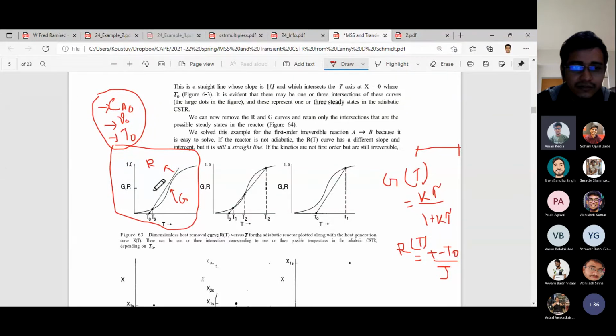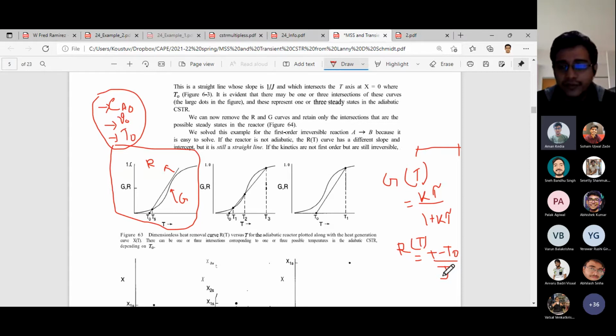So we are still in the graphical analysis, but there may be a case where this linear line, that means the R function, has a slope which is nothing but 1 by J. So the 1 by J slope will remain constant because J is constant, not having any temperature term.